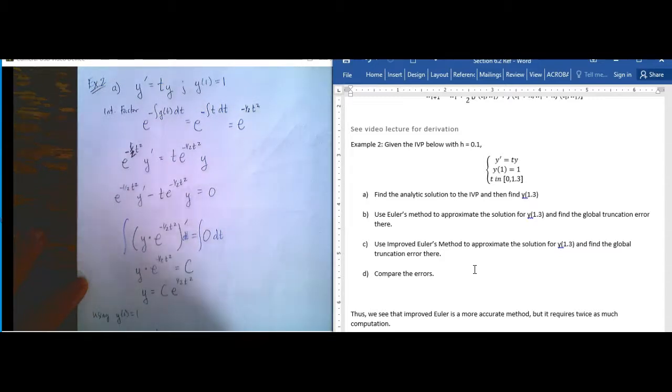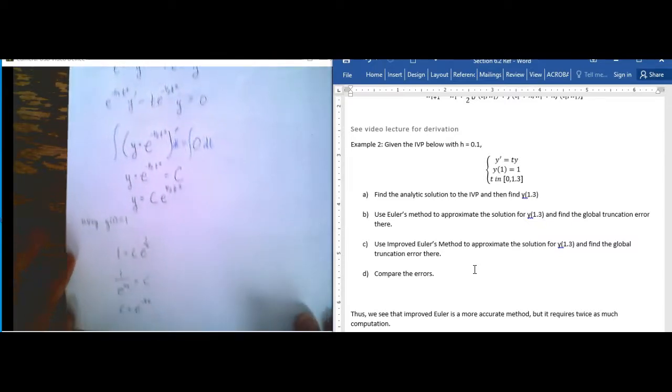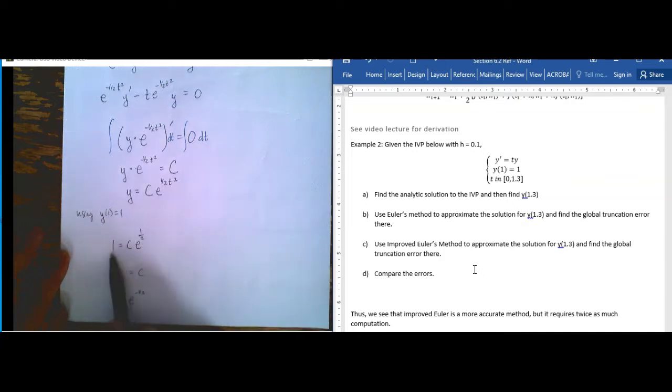Dividing by e to the 1/2 on both sides gives 1 over e to the 1/2 equals c, or c is e to the negative 1/2. So again, just subbing in the values for y and t gives us this. 1 over e to the 1/2 is the same thing as e to the negative 1/2.